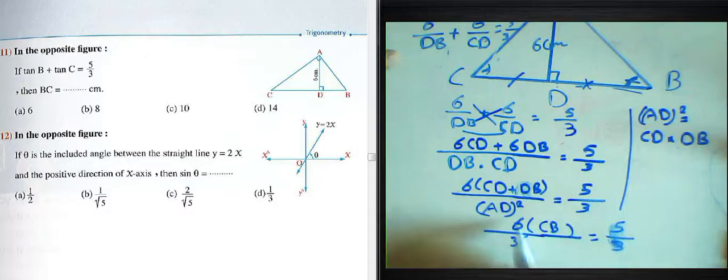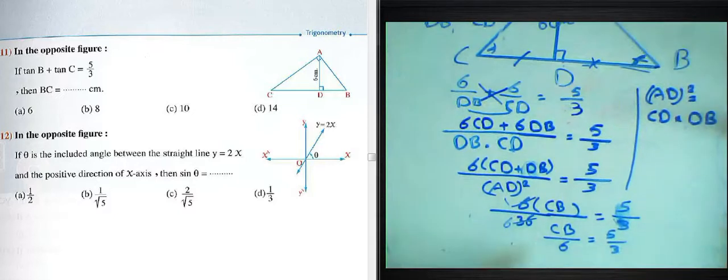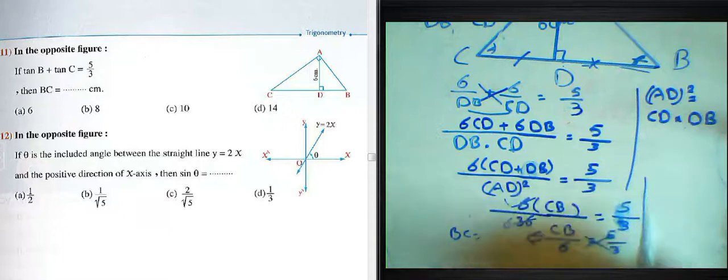We can cancel: 6 divided by 6 equals 1, 36 divided by 6 equals 6, so the result will be CB over 6 equals 5 over 3. You want to find the length of CB, okay? Or BC, never mind. So CB or BC will be 5 multiplied by 6 divided by 3. I will solve it here, okay?